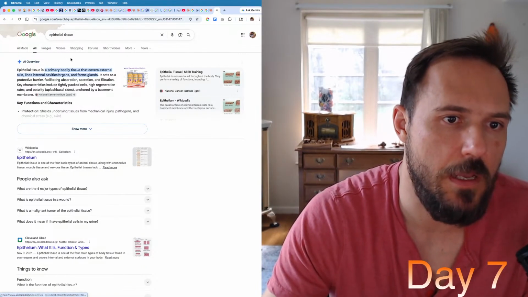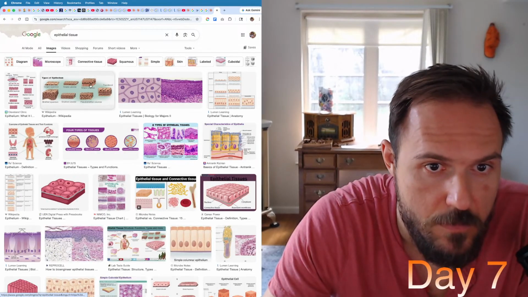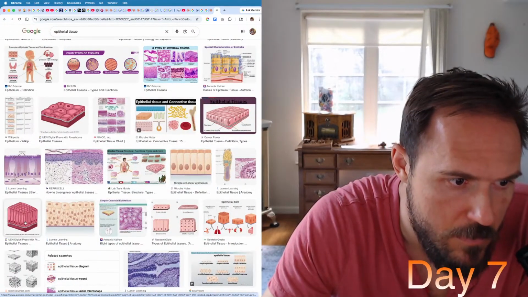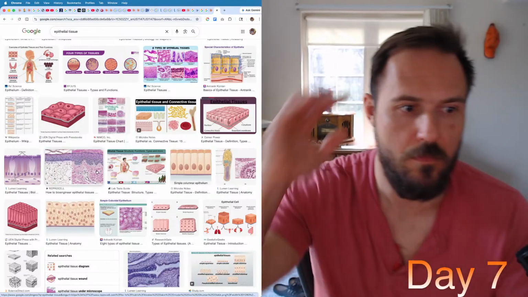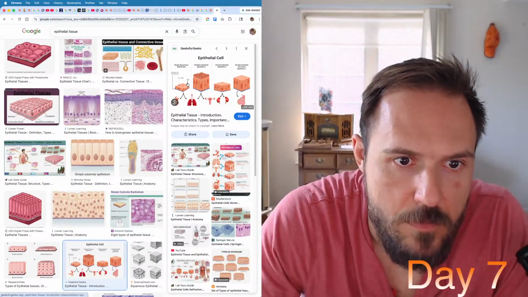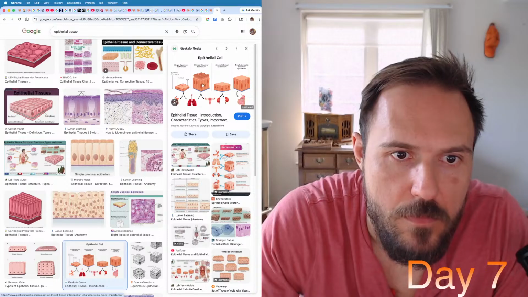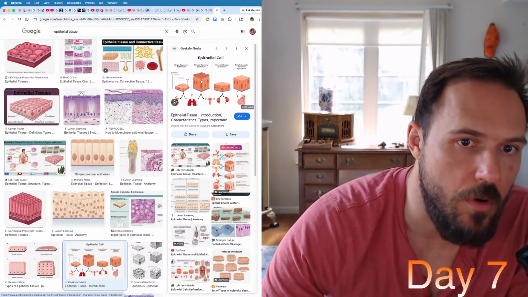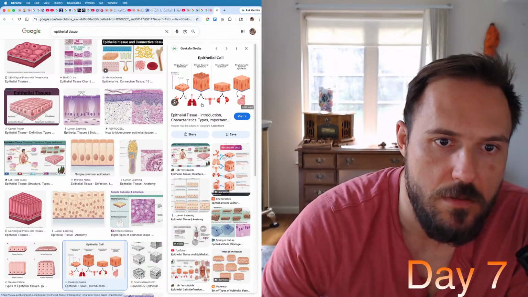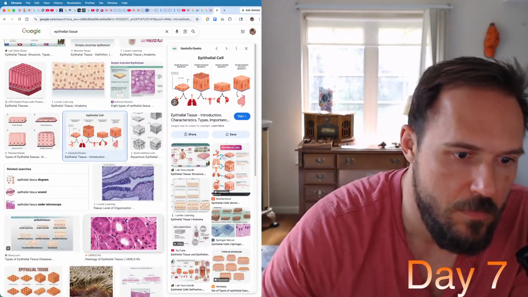Okay, so it's kind of like a membrane for organs. I would guess this is for the stomach, but no, lungs. Interesting.